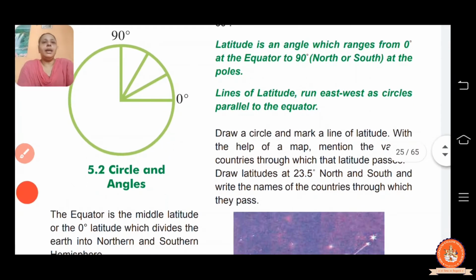Draw a circle and make a line of latitude with the help of the map. Mention the various countries through which the latitude passes.